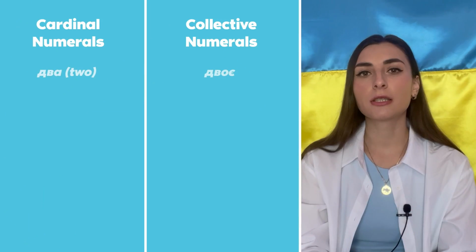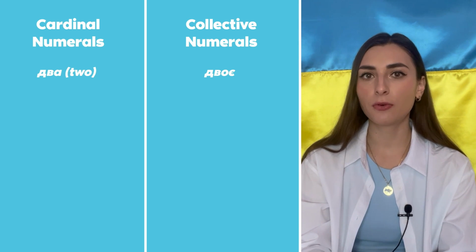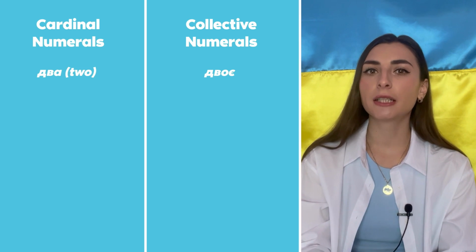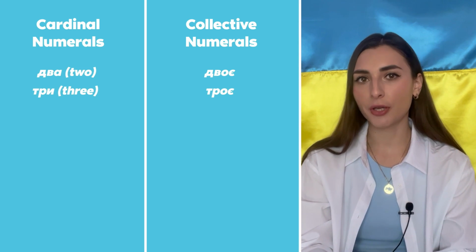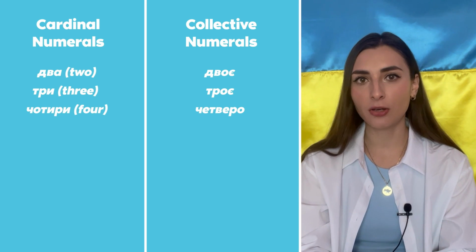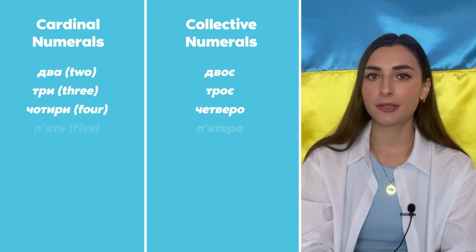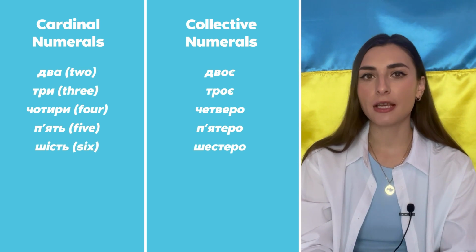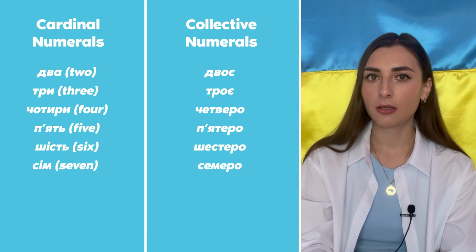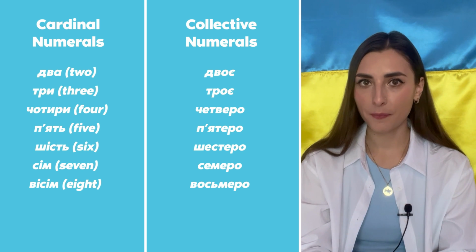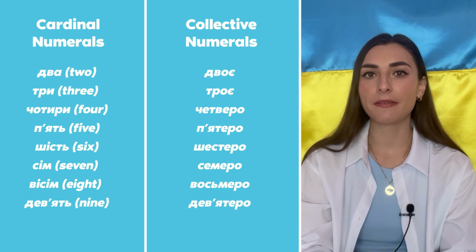So, два is just cardinal numeral, but its collective form is двоє. Два, двоє. Три becomes троє. Чотири becomes четверо. П'ять, п'ятеро. Шість, шестеро. Сім, семеро. Вісім, восьмеро. Дев'ять, дев'ятеро.